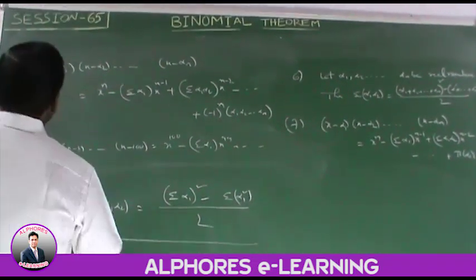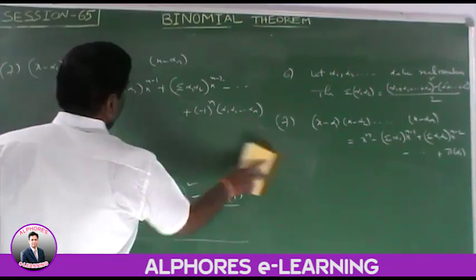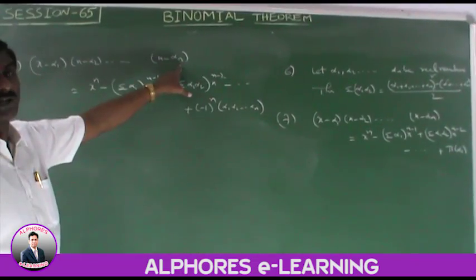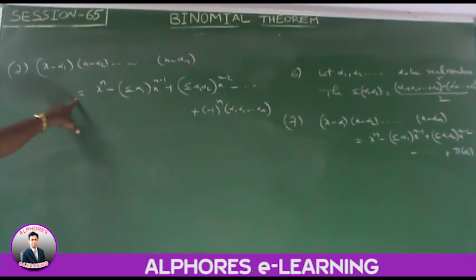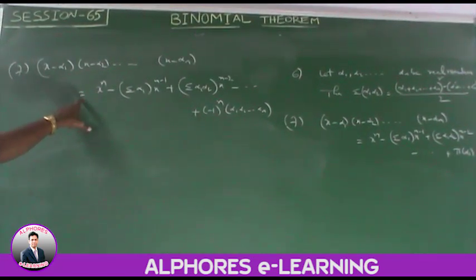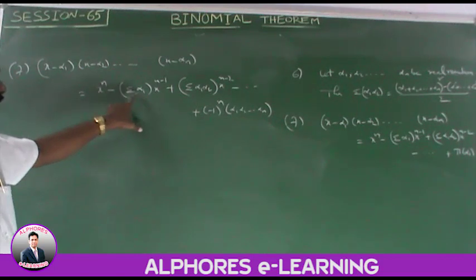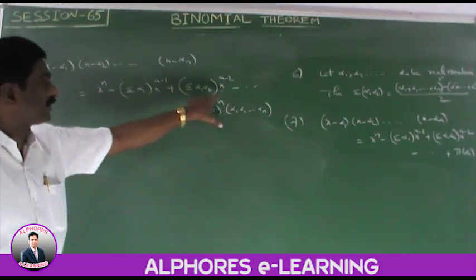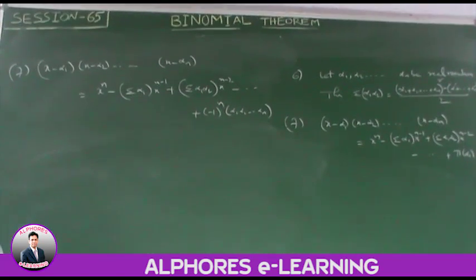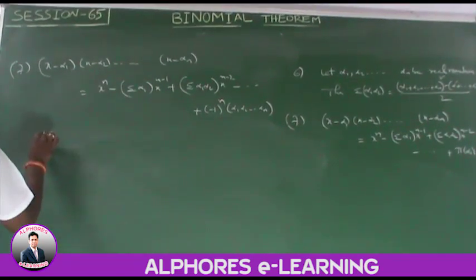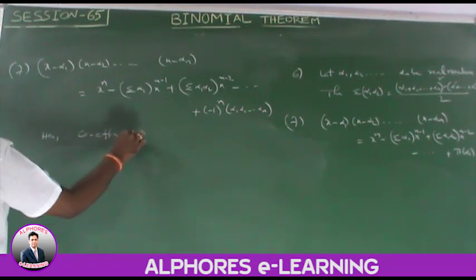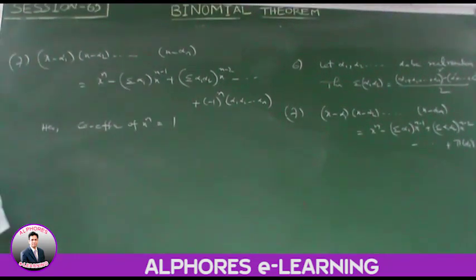Please note this value. x minus alpha 1 into x minus alpha 2 into so on x minus alpha n is equal to the expansion of the polynomial expression: x power n minus sigma alpha 1 into x power n minus 1, plus sigma alpha 1 alpha 2 into x power n minus 2, minus so on, and the last term. Here, the coefficient of x power n is equal to 1.